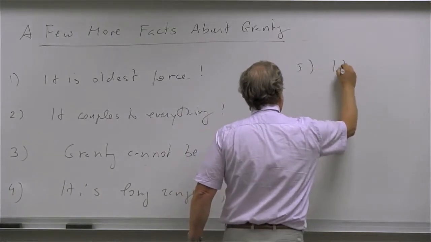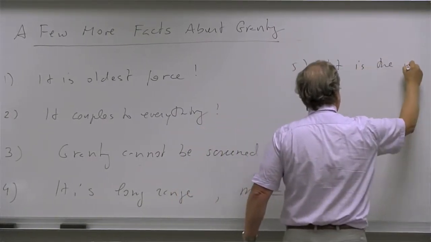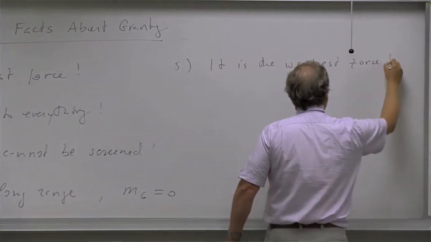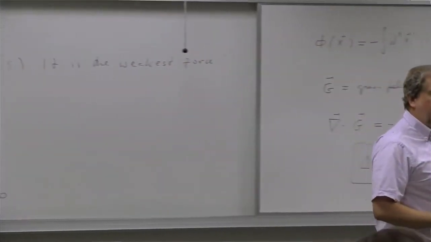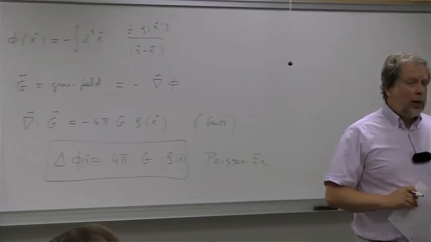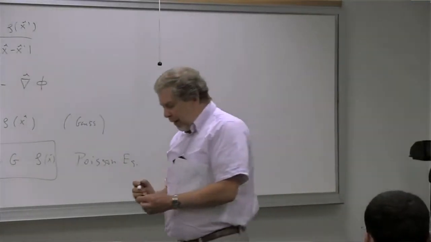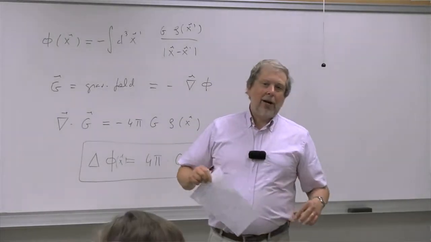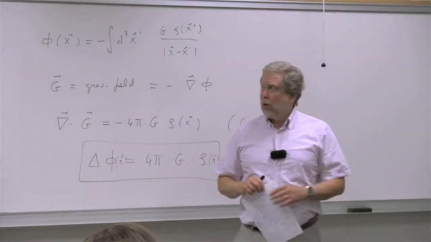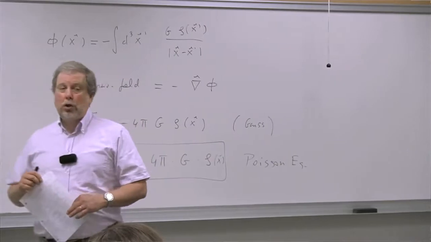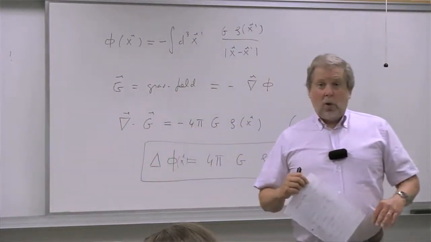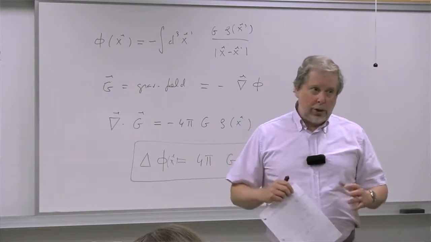Number 5. It is the weakest force. So why is it weak? In the case of electromagnetism, we can state that it is weak in a fairly unambiguous way, because we know that the fine structure constant, which is e squared over h bar c, is 1/137, which is a small number.